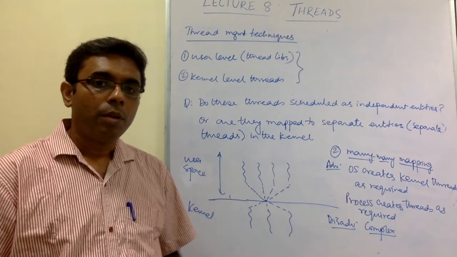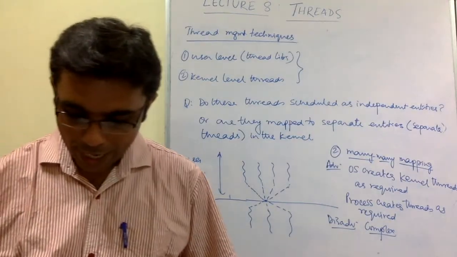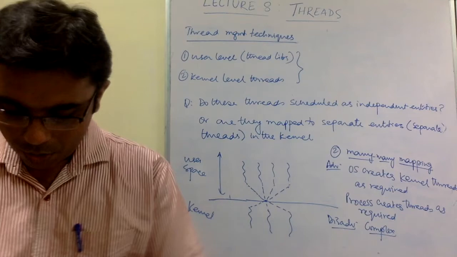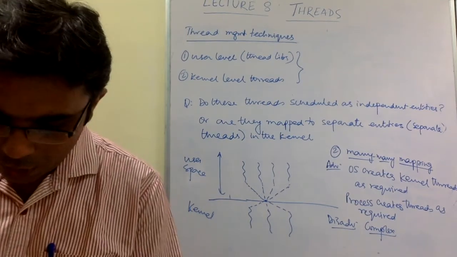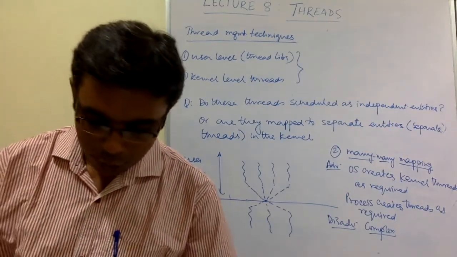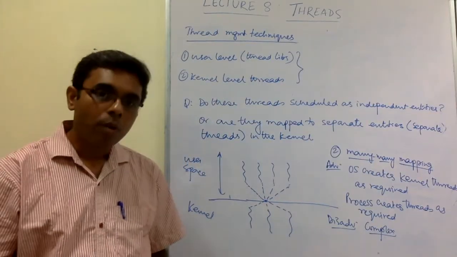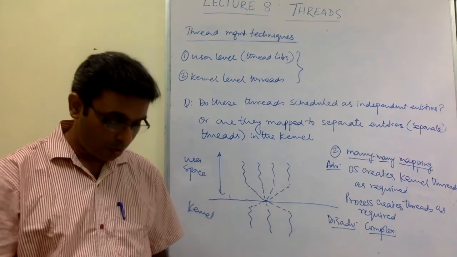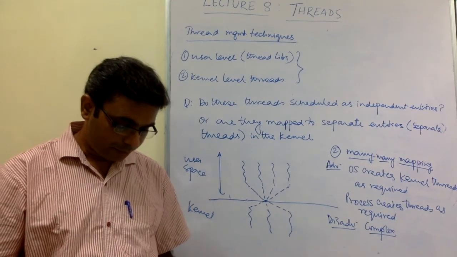Okay, so with this, we come to the end of the discussion of threads. Now there are a few questions that remain while discussing threads, certain problems that need to be identified and highlighted, because these are the problems that come up while working with threads.